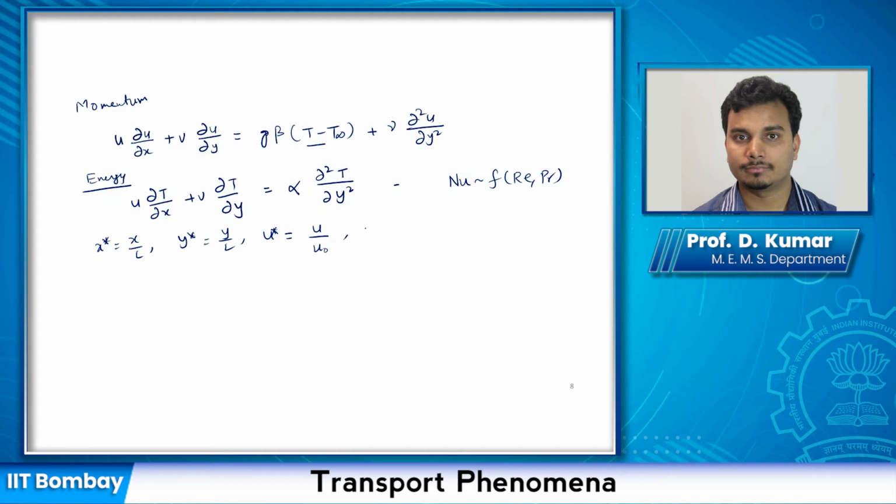Then v star will be v by u naught. What else is left? u, x, v, and then temperature. Temperature T star we can define, again with a reference temperature. Now if you do the momentum equation, this term u du, with u equal to u naught times u star, will give you u naught square. So we'll first do the momentum equation.